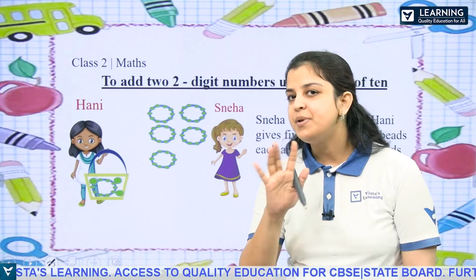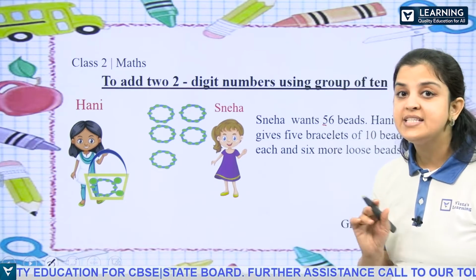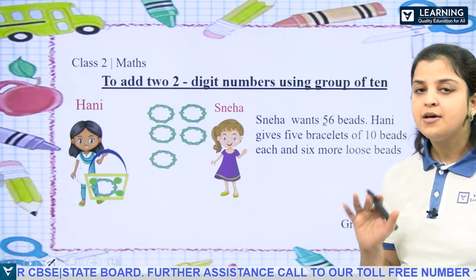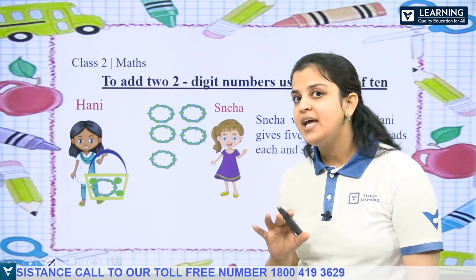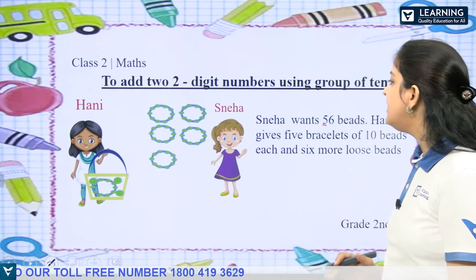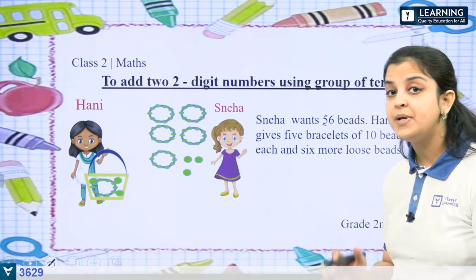Why does she give 5 bracelets of 10 beads? Because 5 is in the tens place. 5 tens means 50. And she even gives 6 more loose beads.